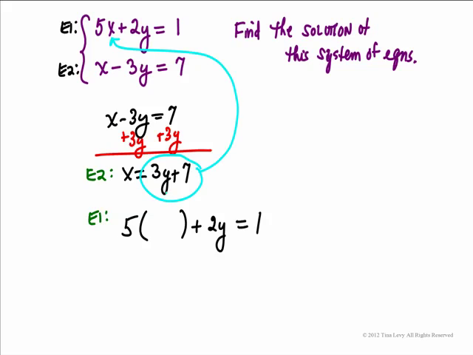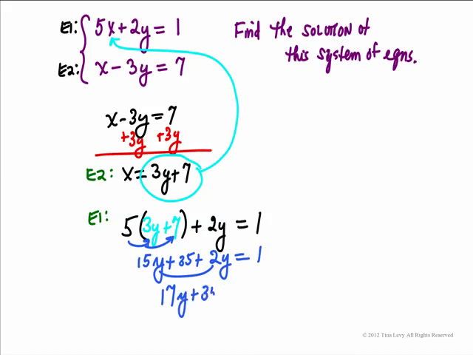I now put the expression for x in the parentheses, 3y plus 7. I now can finish this, which will give me the y coordinate. This becomes 15y plus 35 plus 2y is 1. Combining like terms, I have 17y plus 35 is 1.